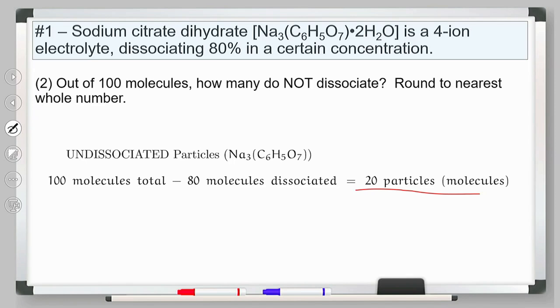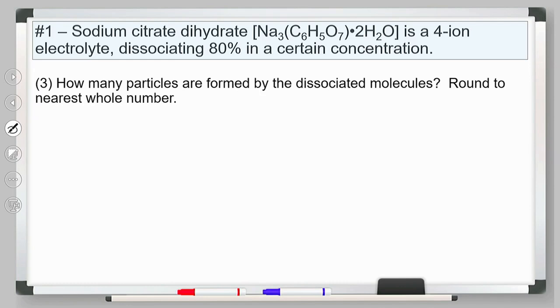The problem comes with the 80 molecules that dissociate, because I won't end up with 80. Would you agree? If I start with 80 and they dissociate, they separate, how many particles will I get from the 80 dissociated molecules? Well, it depends on the formula. How many particles are in the formula? How many sodiums? 3.